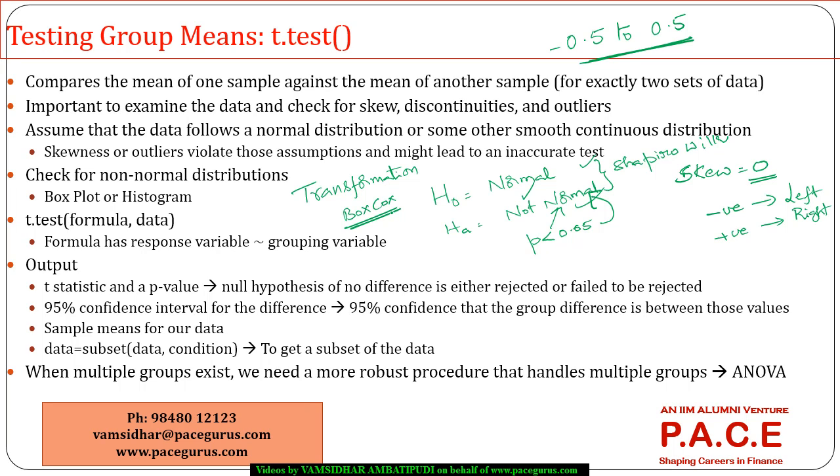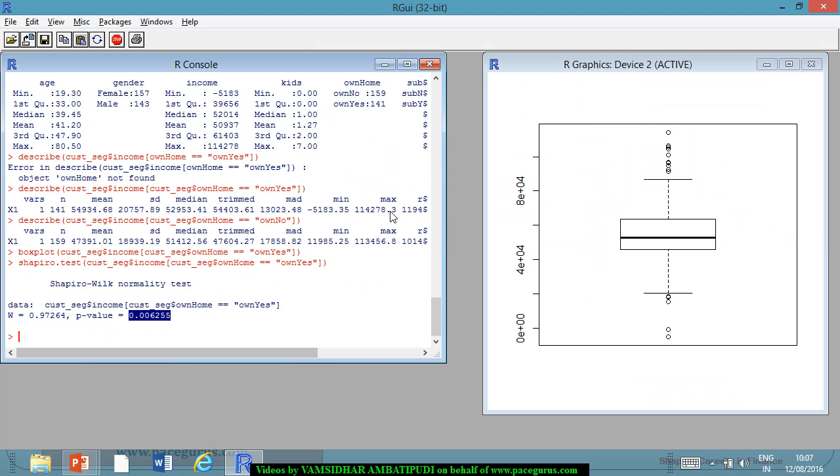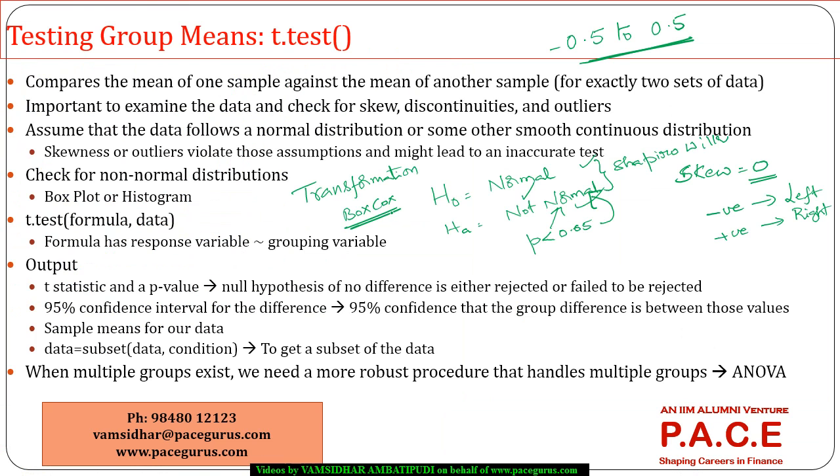So I can do that entire transformation, and once my data is ensured to be close to normal, this is where I can perform a t-test. If you look at the way the t-test is performed, there is a formula and the data. The formula sets the dependent variable, which is the response variable, versus the grouping variable.